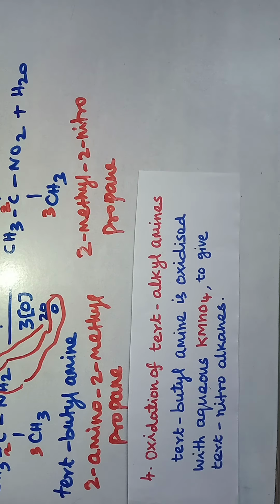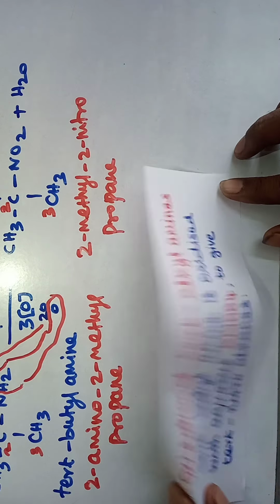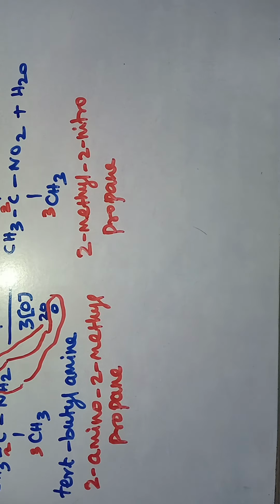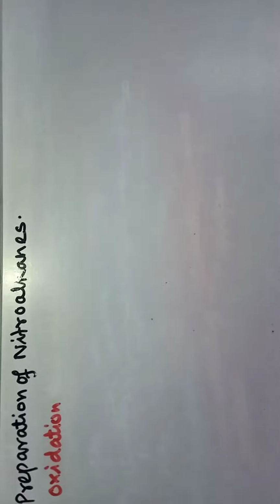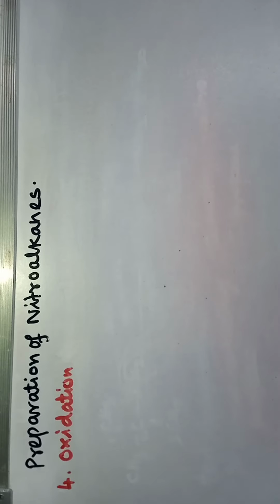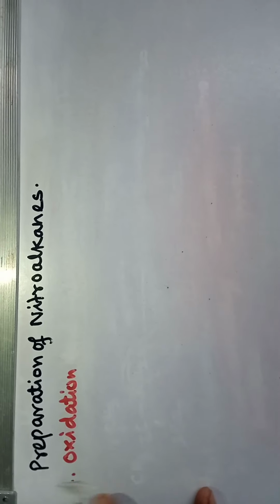Now let us see the fifth method, oxidation of oximes, for the preparation of nitroalkanes.